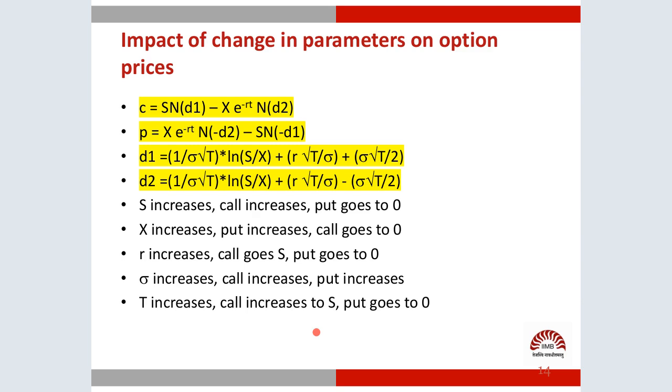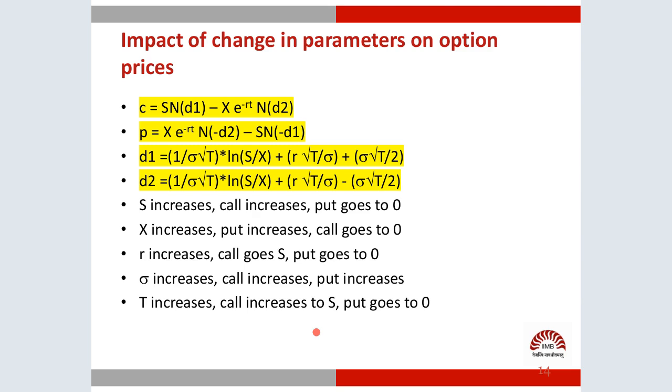By the same logic, the value of the put also increases because you are subtracting 0; alternately you would have subtracted a positive number, which would have definitely brought down the value. So as sigma increases, the call price increases and the put price also increases, but the call price increases to S, the put price increases to X to the power of minus RT.